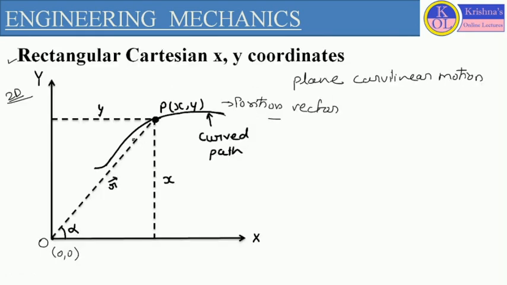Now, we want to define the direction of the velocity vector along this curved path. It is always tangential to the curved path. Here we can define Vy and Vx along the y-axis and the x-axis. These are the actual velocities with respect to the x-axis and y-axis for this particular particle.